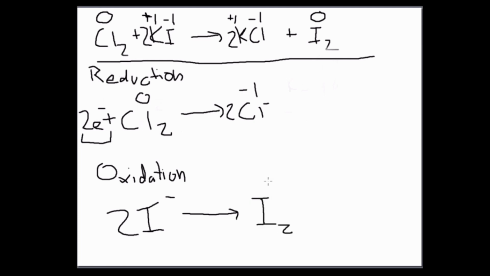Or sorry, just iodine. So it's got 0 oxidation number versus -1 oxidation number. Again, to balance out the charges, you're going to have to add 2 electrons here. Now these electrons will cancel with these electrons, and that's how you know that the half reactions were done correctly.